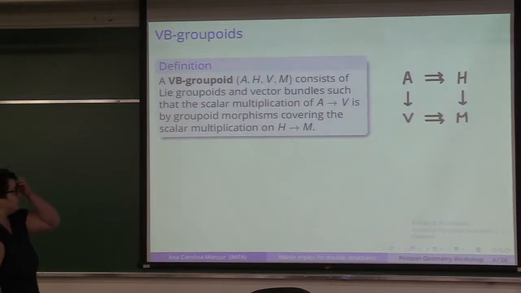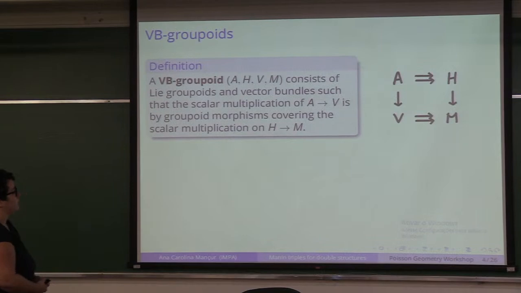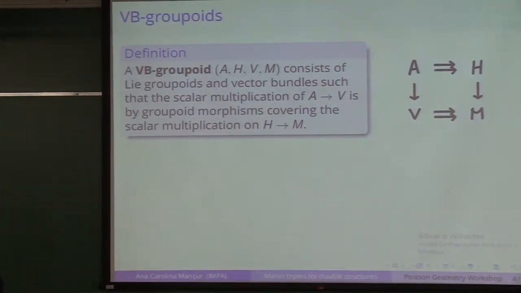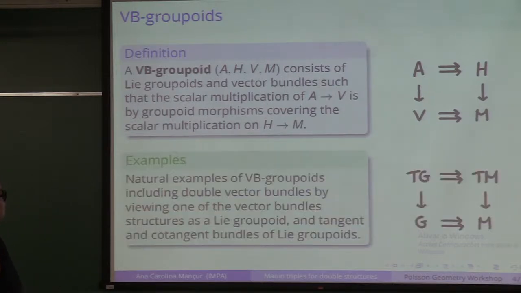We start with some definitions. We start with the definition of a VB groupoid. A VB groupoid is a groupoid over a bundle, and the compatibility here is that the scalar multiplication is a Lie groupoid morphism. We have a lot of examples of VB groupoids.